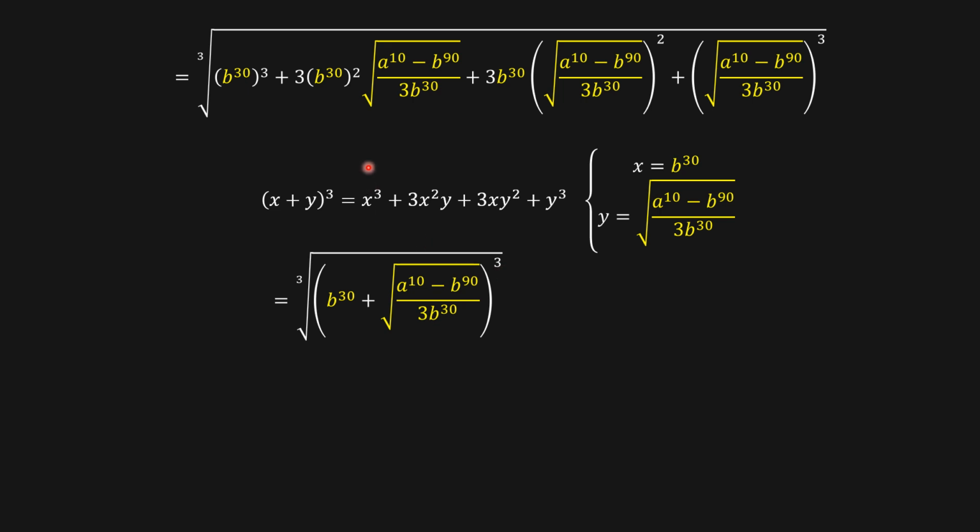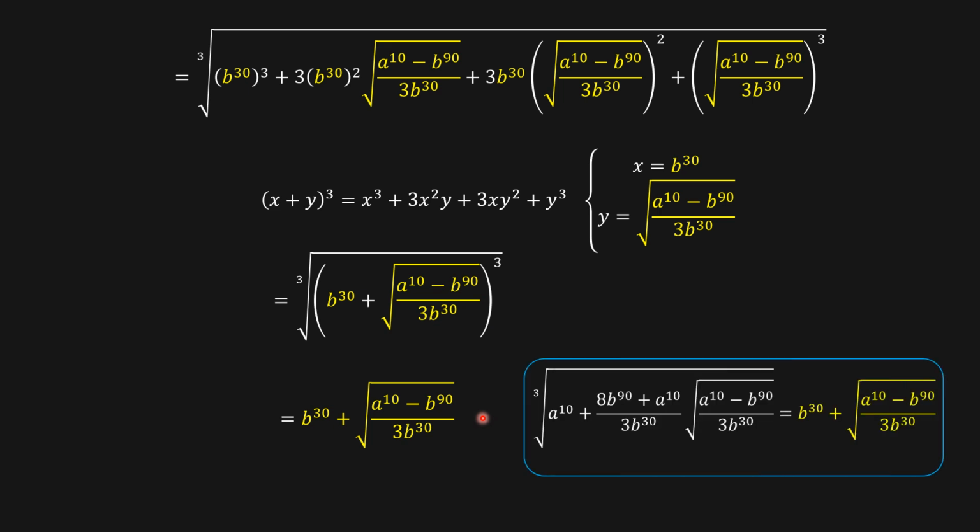This was the goal, to transform this expression into a perfect cube, so that we can simplify this power with this index here. So we have then that this is b to the 30 plus this square root of this expression. And then concluding, we now can say that cubic root of this expression is equal to b to the 30 plus square root of this expression.